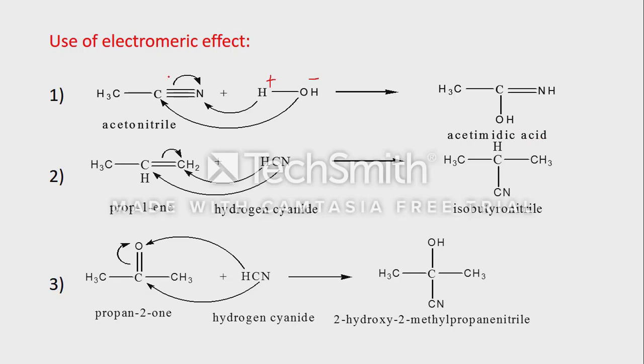In the CN triple bond, a pi electron pair is shifted onto nitrogen.